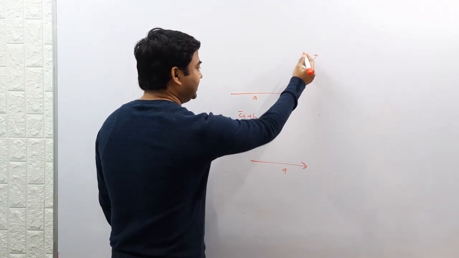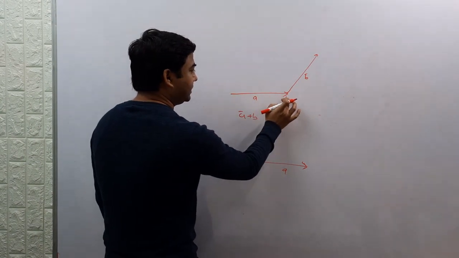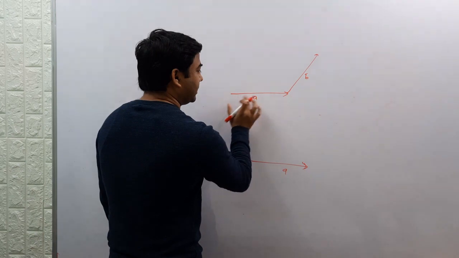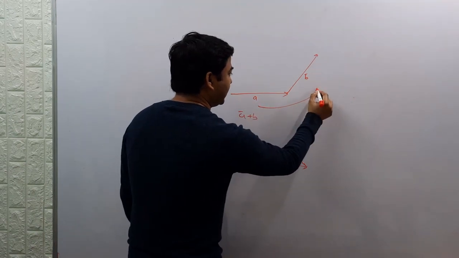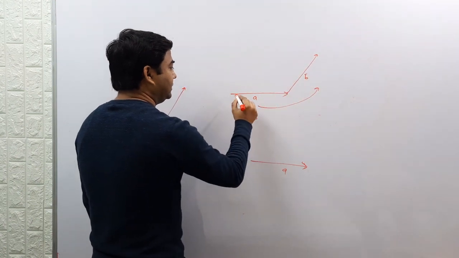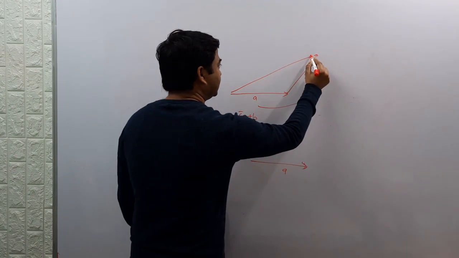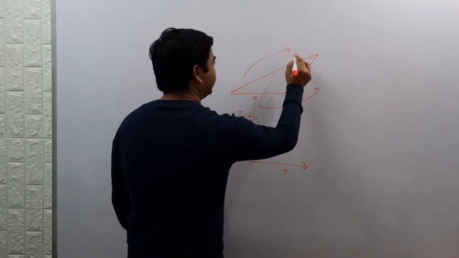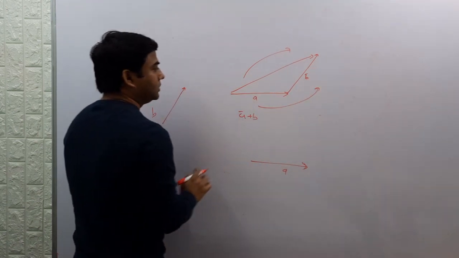There is an order of addition. See, head of this vector, tail of this vector. So the order is like this, in this direction, A, B, and the order of the third vector is in this direction. Vector direction is opposite.